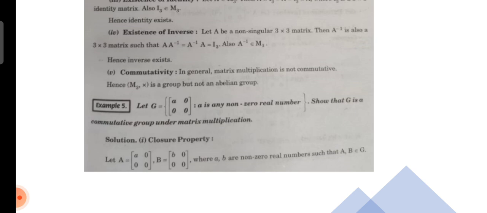So here we have our binary operation as matrix multiplication, and the set has elements in the form [a 0; 0 0]. So let's start. First property is closure property. Let A and B be any matrices in G. So A will be [a 0; 0 0] and B will be [b 0; 0 0]. So these are the two matrices.